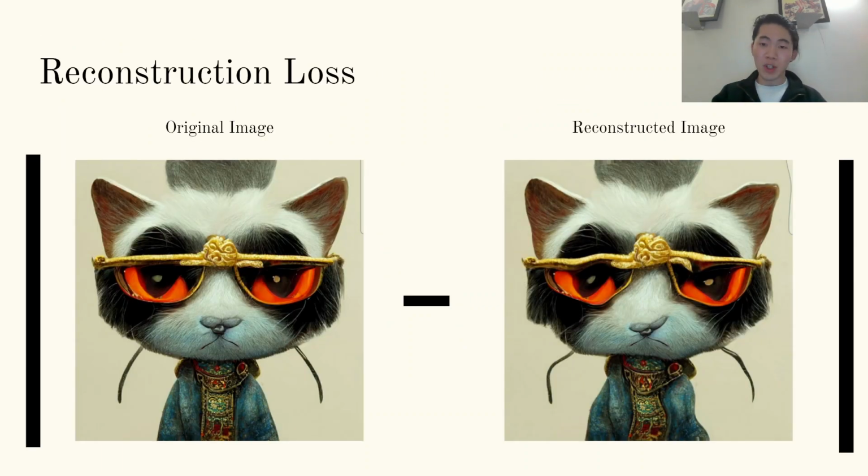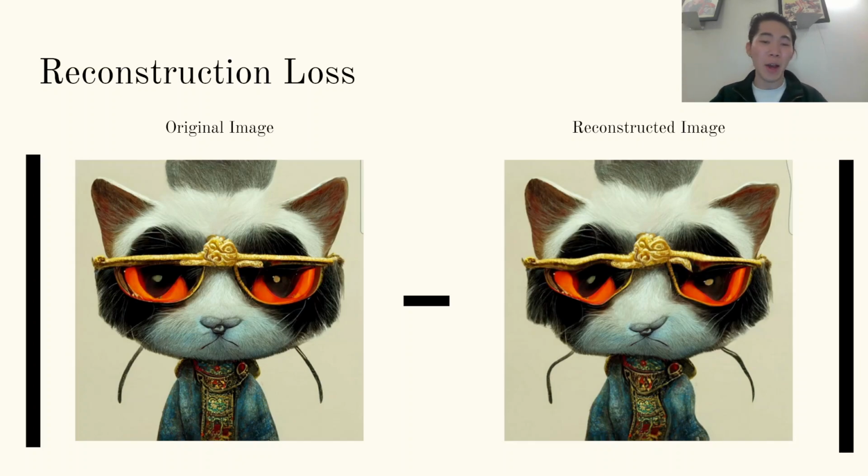So what's reconstruction loss? Well, you have the original image and the reconstructed image, which is the output of the model, or output from the decoder. You take each pixel, subtract the values, and see what values of the pixels have changed.